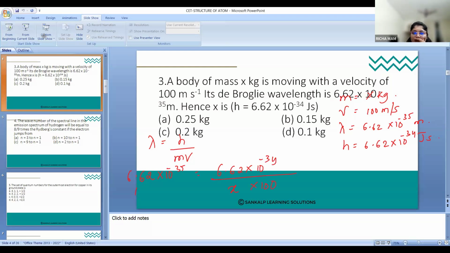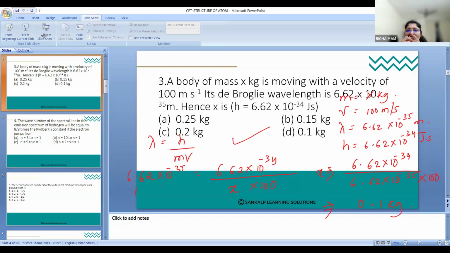We don't know the mass, so I'm going to transfer this here and this here. So x is equal to 6.62 into 10 raised to minus 34 by 6.62 into 10 raised to minus 35 into 100. After this simple calculation you get 0.1 kg. So the answer is D.